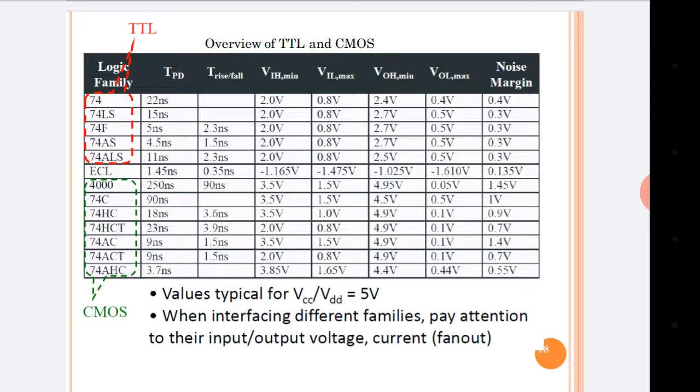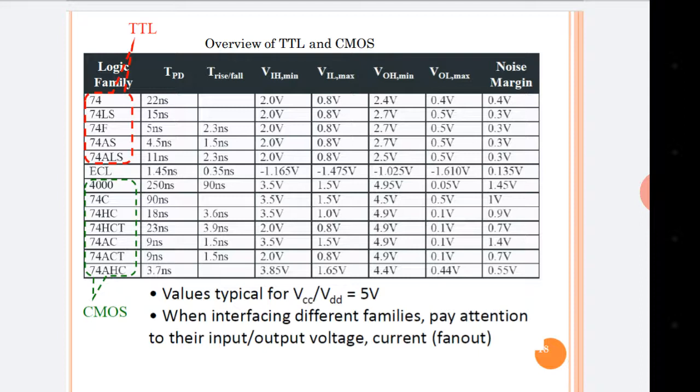F is fast. Then tPD is the propagation delay. These are the parameters of the logic families as we have studied in the second lecture of digital logic families.